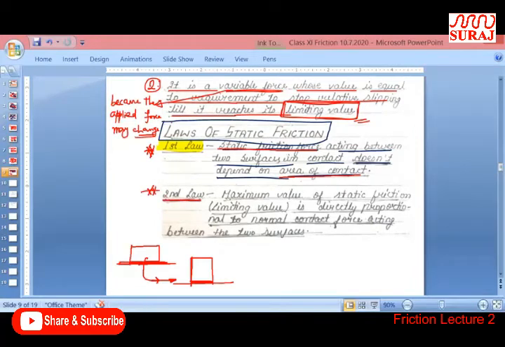Second law, if we see second law, then it is the maximum value of static friction. Second law says what? Maximum value of static friction is directly proportional to the normal contact force acting between the two surfaces. The second law is very, very important. See the graph?